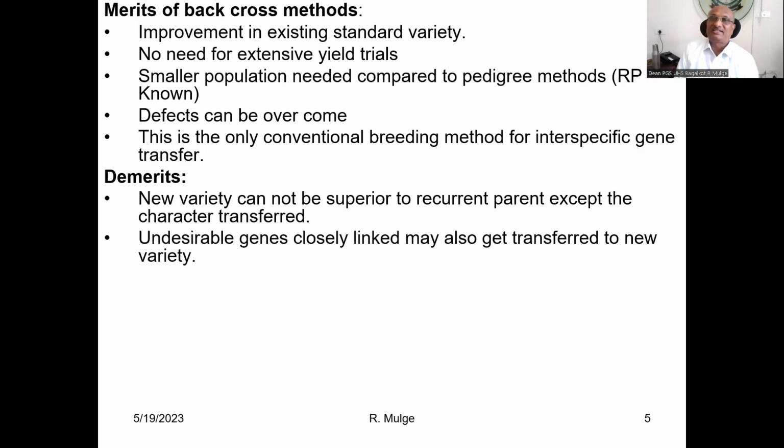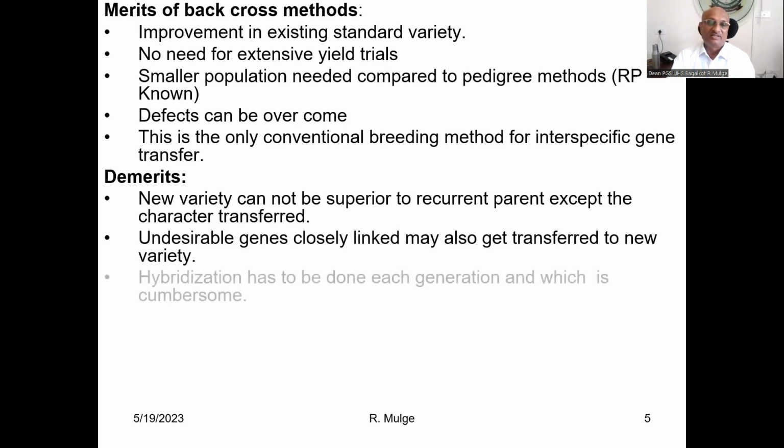A lot of difficulties Charles M. Rick faced while going for backcross breeding in tomato to transfer processing or shelf-life extension characters, because all other undesirable traits from the wild species came in. So that's always there; you have to be careful in eliminating such things. Otherwise, it is difficult. Hybridization has to be done in each and every generation, or selfing or hybridization, and it is cumbersome.